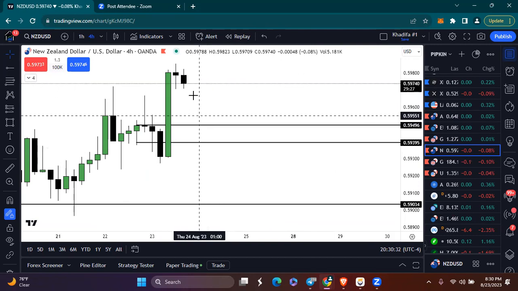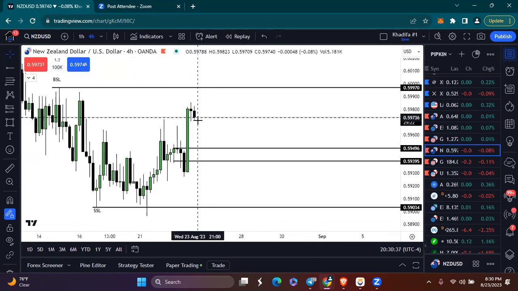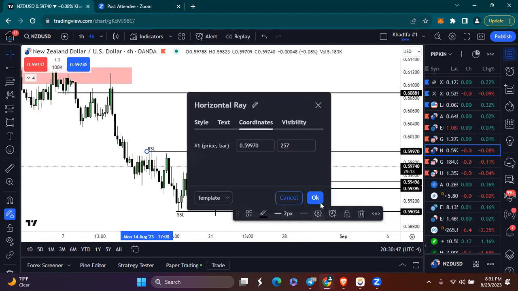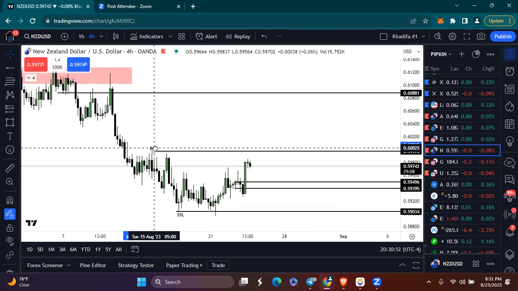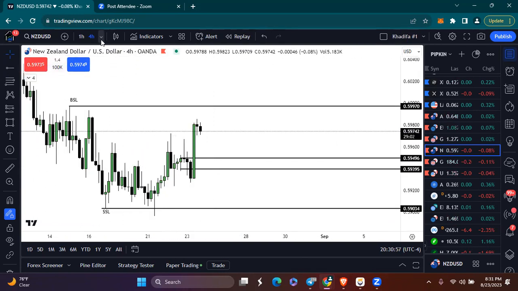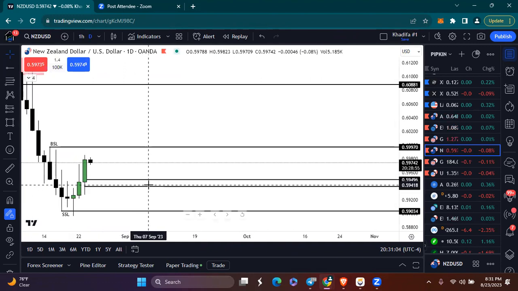So for NZD USD, I can see us pulling back down to today's PD array, discount array, and then closing the week, reaching up to run this buy side liquidity. Yeah, that'll be beautiful. So that's what I'm anticipating for NZD.